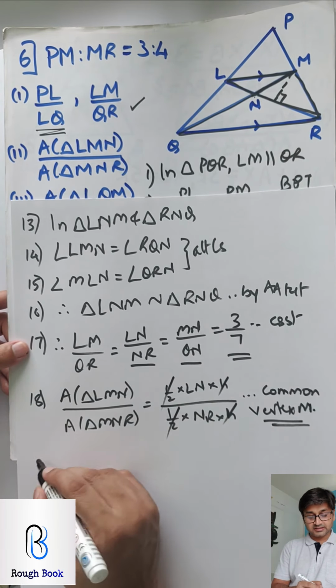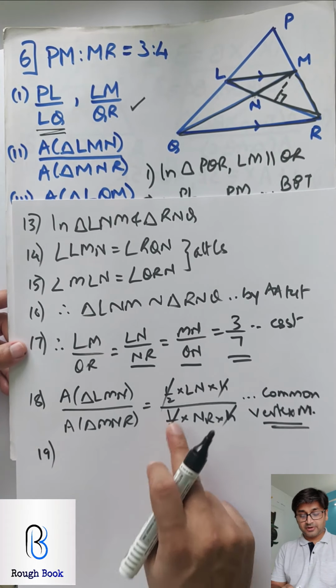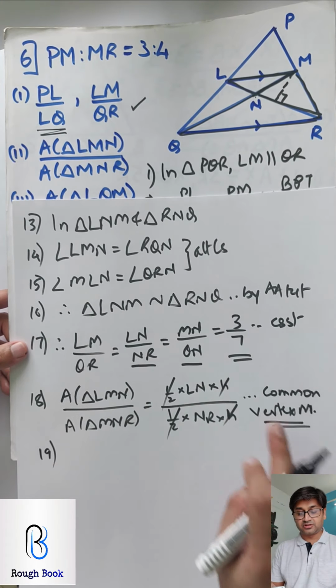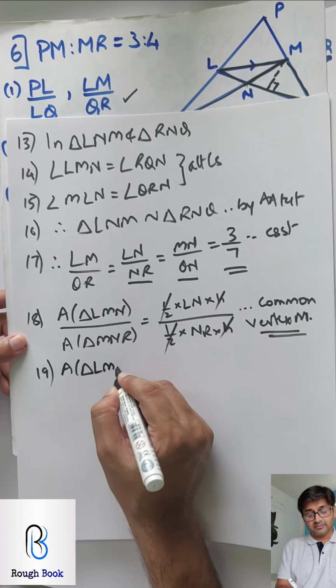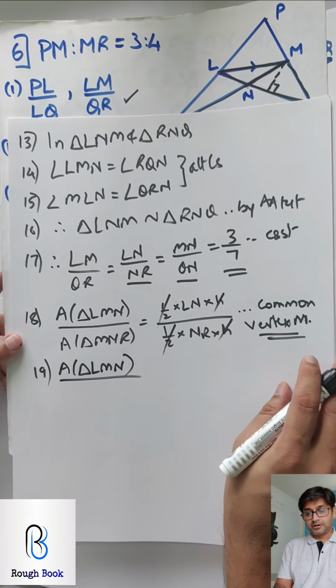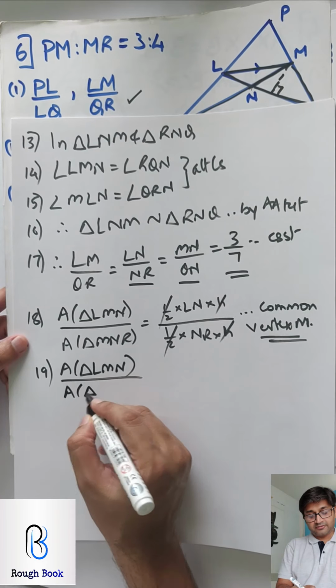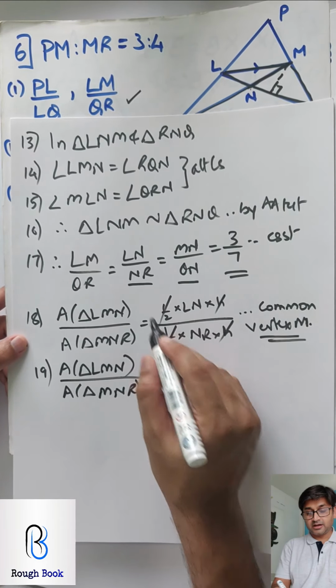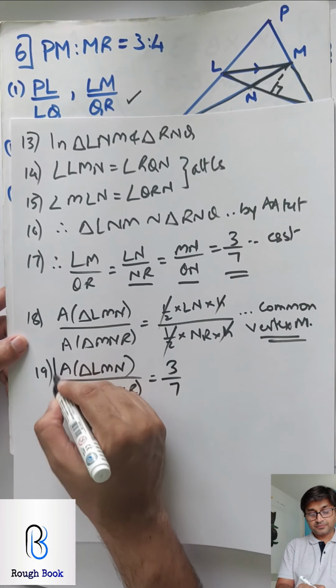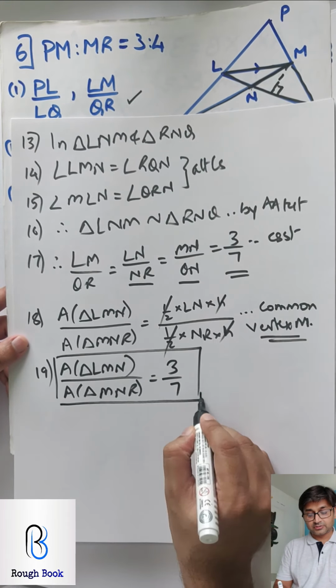So heights get cancelled, this also gets cancelled. So step 19, LN upon NR, which is 3 by 7. So I can directly say therefore area of triangle LMN upon area of triangle MNR is equal to LN upon NR, which is 3 by 7. So we got the next part as well.